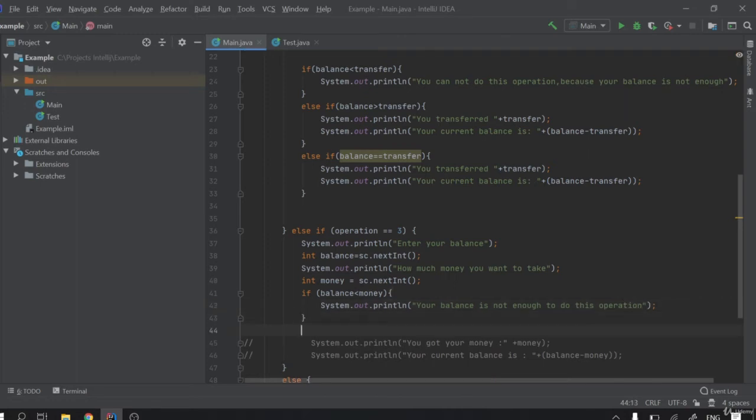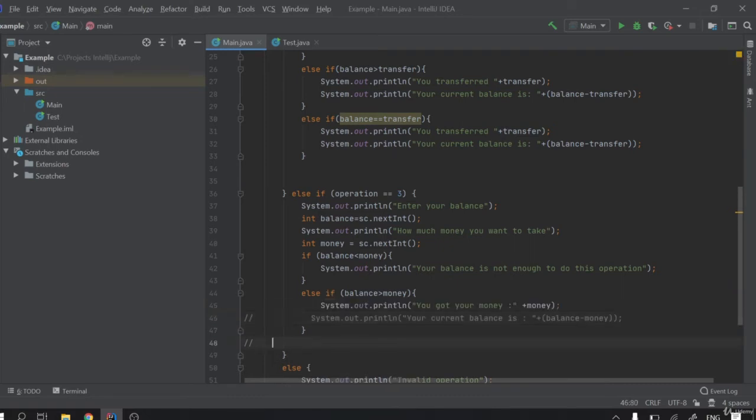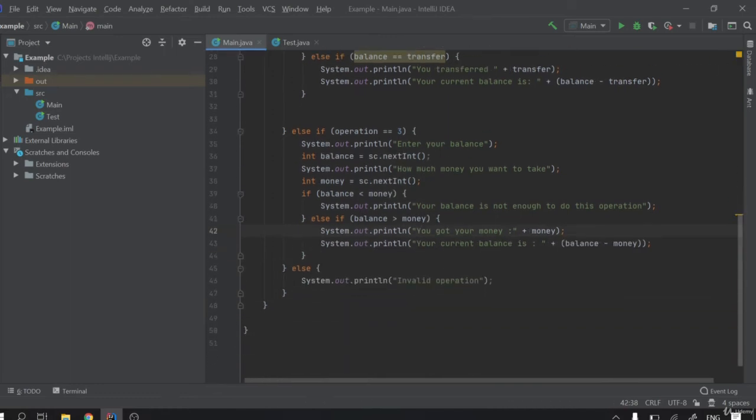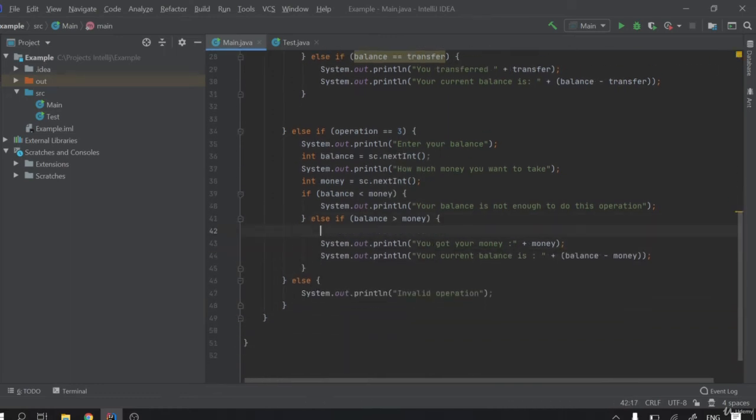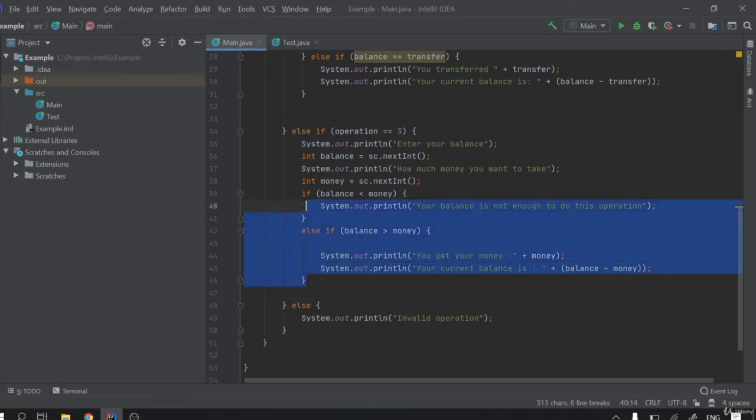So, but else if balance bigger than money, and here I'm going to write this. Let's write this, and let's do this again. So guys, you see here, if balance bigger than money, what it means is nothing is wrong, and we can do our operation. So here we will do our operation.